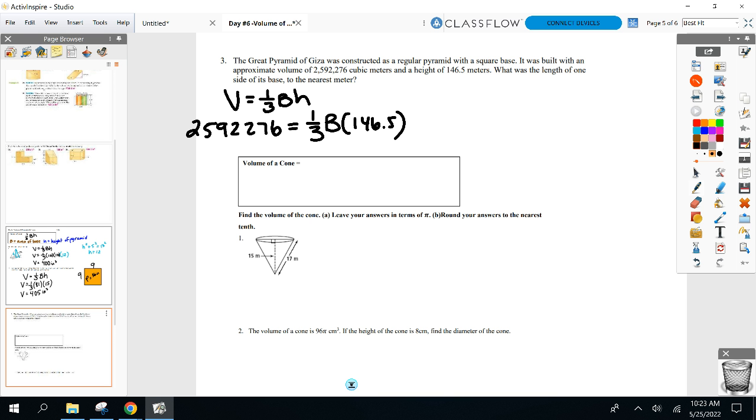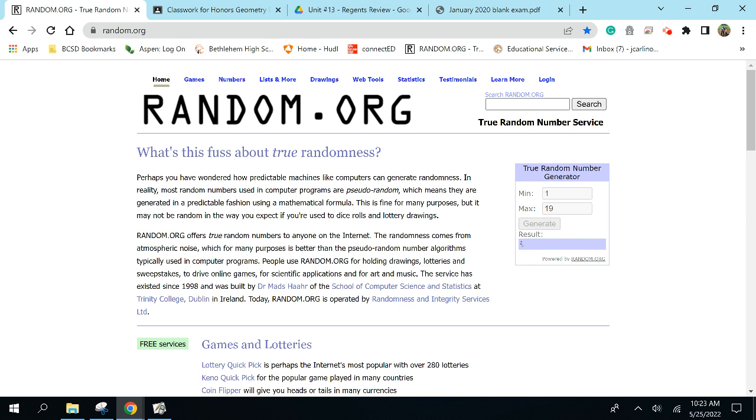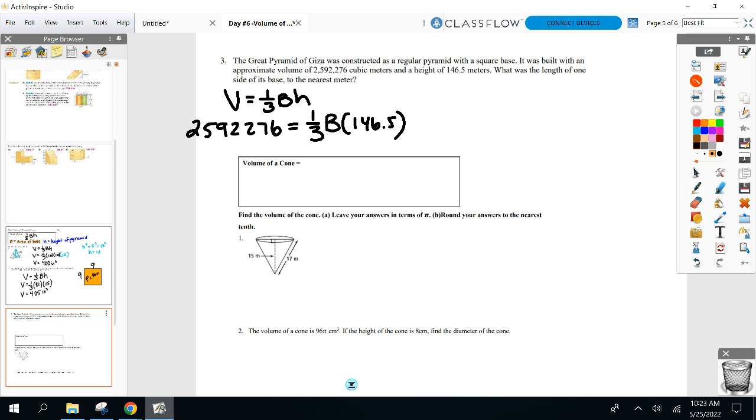All right, so your first move to get B by itself? Zella, what's your first move to get B by itself? All right, I'm fine with that. Let's multiply both sides by 3. That gets rid of the 1/3. 146.5B.